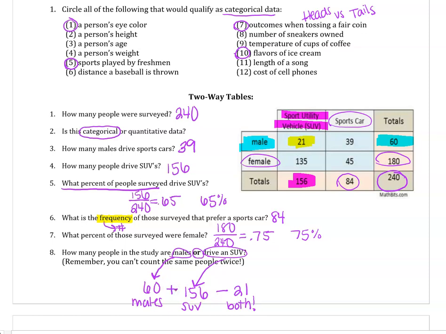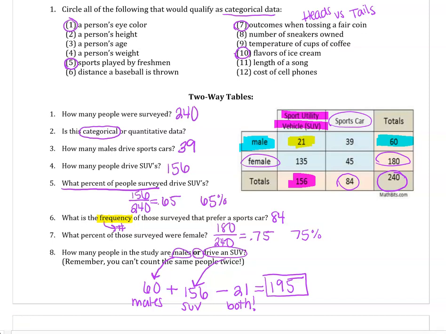Okay, so I do 60 plus 156 minus 21, and I get 195. So that is how many people in the study are males or drive an SUV. So they're males, they drive an SUV, and we just got to take away the people that do both.